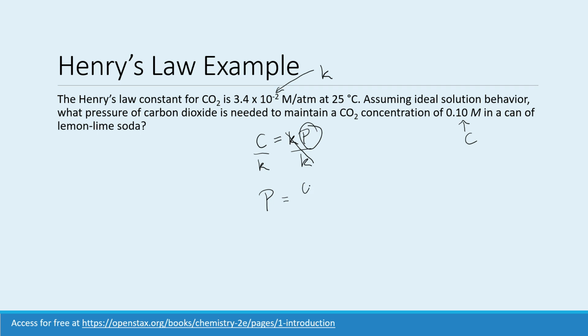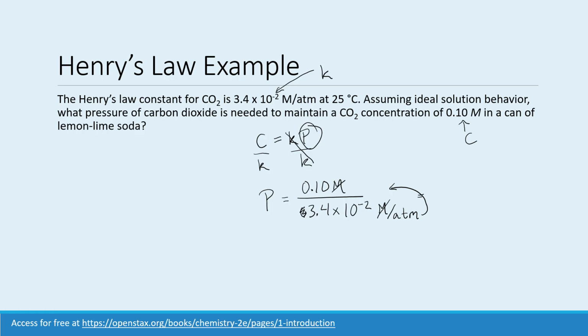concentration of 0.10 molarity divided by the Henry's law constant of 3.4 times 10 to the negative second molarity per atmosphere. So our molarity units will cancel out, and then 1 over the atmosphere will kick the atmosphere up to the top. So we will get units of atmospheres at the end.